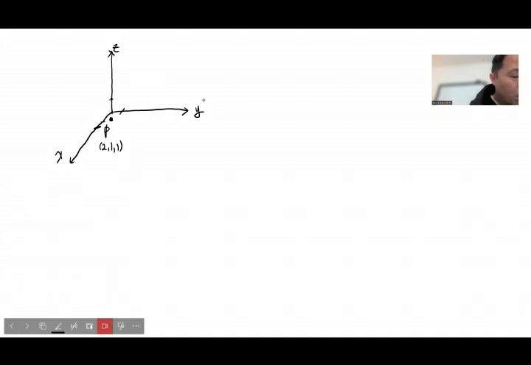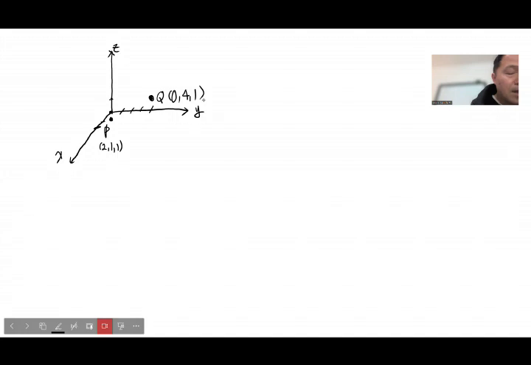And the second point, Q, is 0 in x, 4 in y, and 1 in z. That should be somewhere here. Okay, that is Q (0, 4, 1).